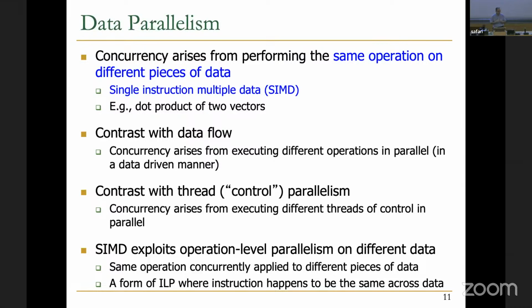And since all these additions are independent, because the operands are completely different, essentially you're going to have instruction level parallelism. So that's why, when we think about SIMD, we should also consider this is not really different from instruction level parallelism. There are many instructions that are basically independent, and you can run them in parallel.